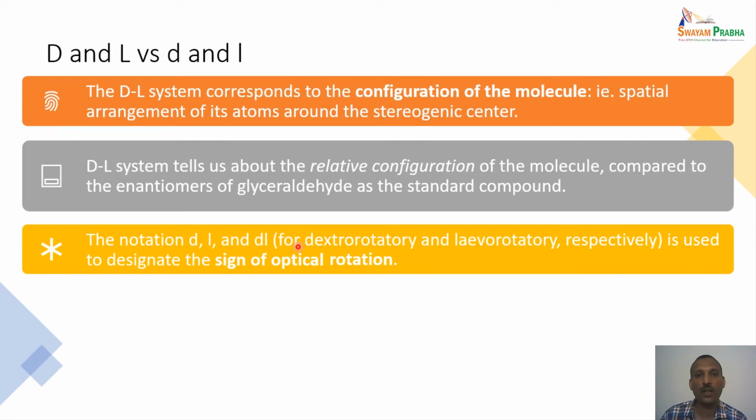A chiral compound rotates plane polarized light, as we have seen earlier. If it rotates the plane polarized light in the right-hand direction, we call it a dextrorotatory substance. If it rotates in the left-hand direction, we call it a levorotatory substance. So the small d and small l represent the optical rotation of the molecule.